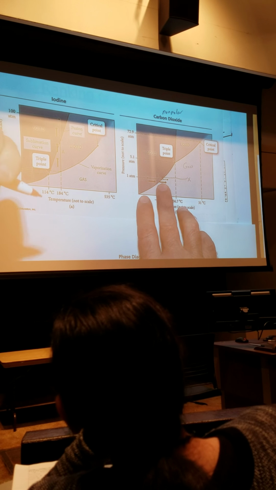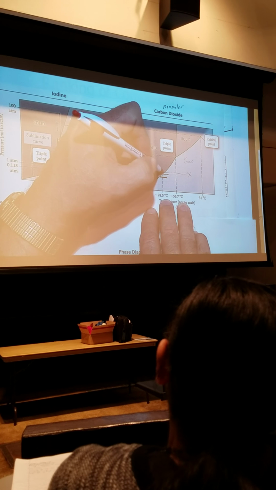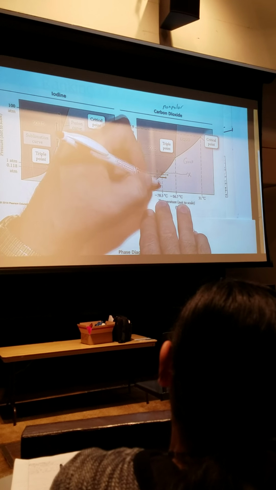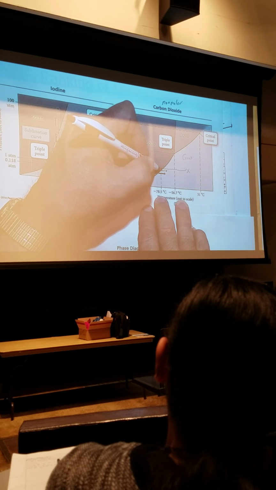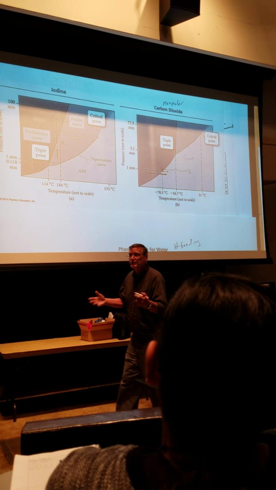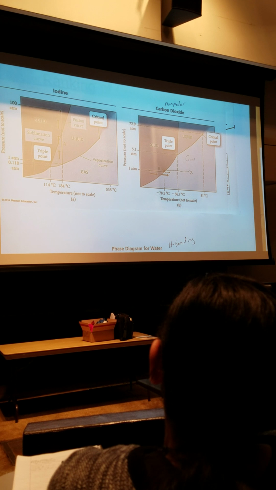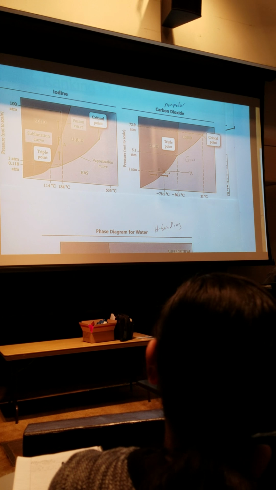And so if you look at normal dry ice, it's going to be at a very low temperature, about minus 78.5 degrees C. Okay, it's going to be on this equilibrium line, which means the rate of sublimation equals the rate of condensation. So that's basically what I'm bringing out about phase diagrams.